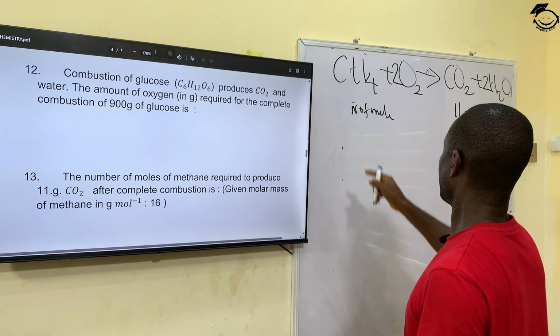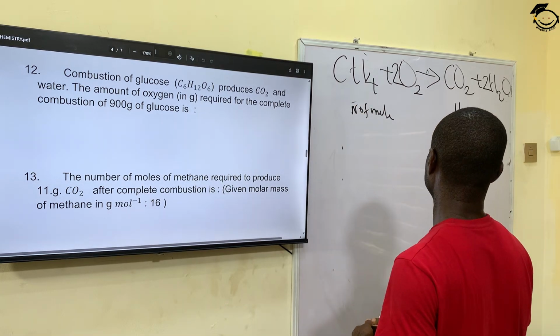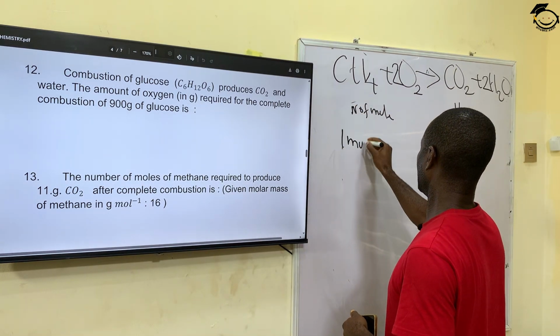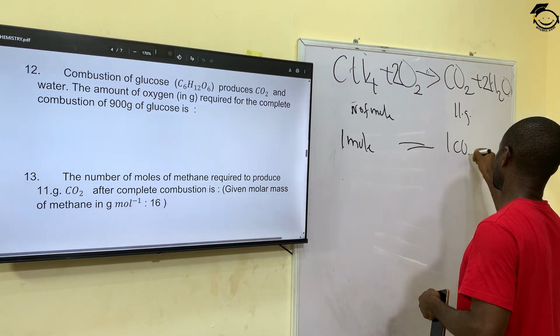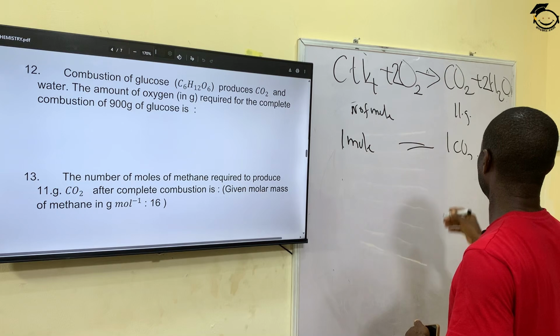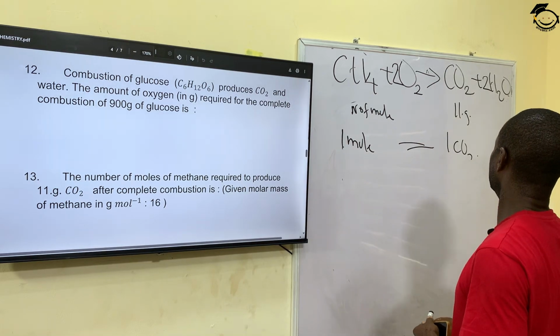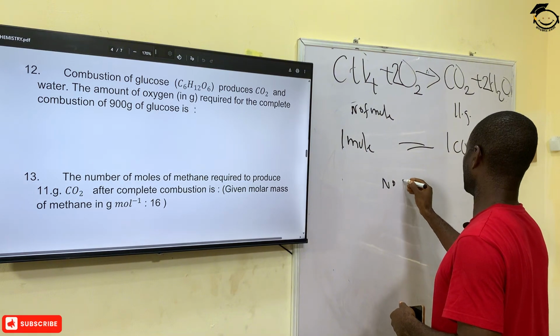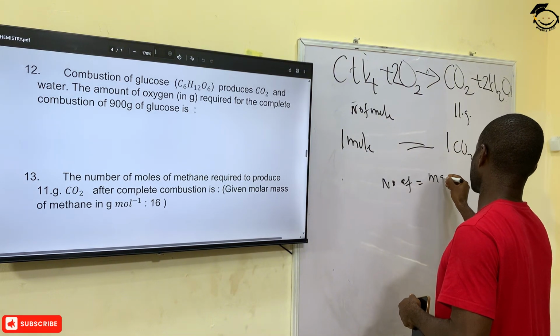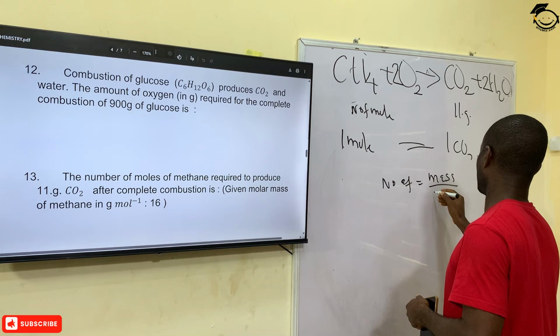In this case, we have 1 mole methane equivalent to 1 mole CO2. So number of mole of CO2 is mass of CO2 over molar mass.